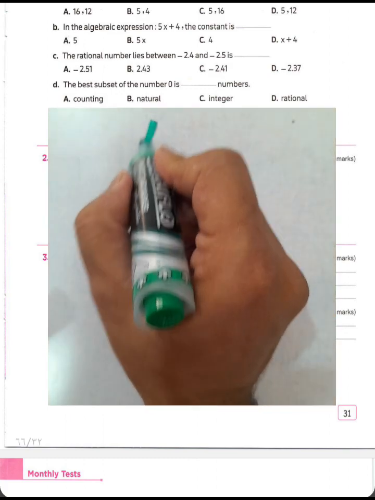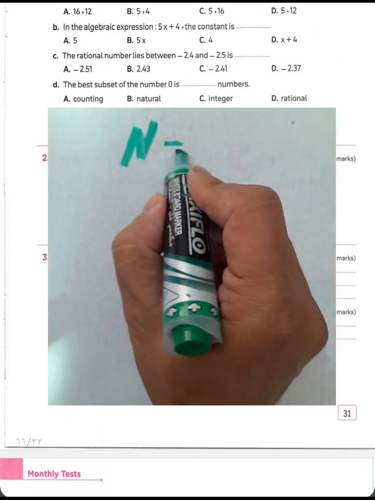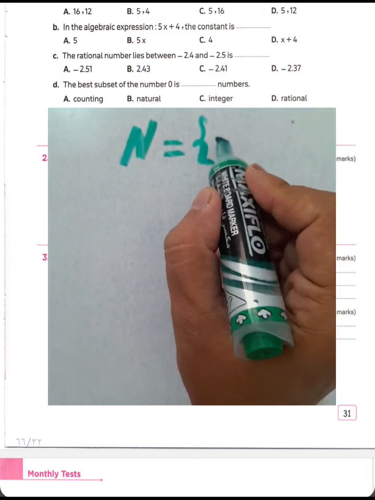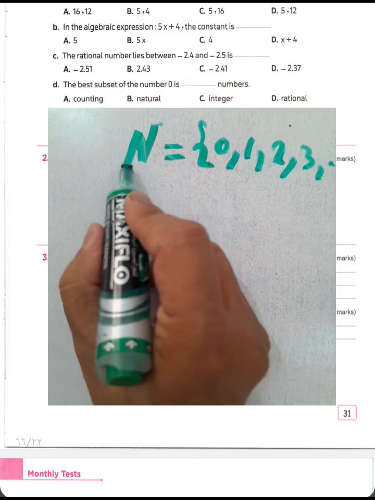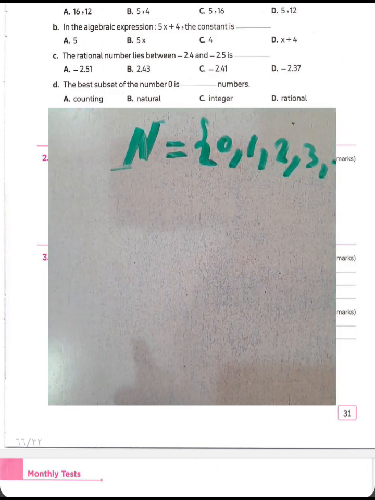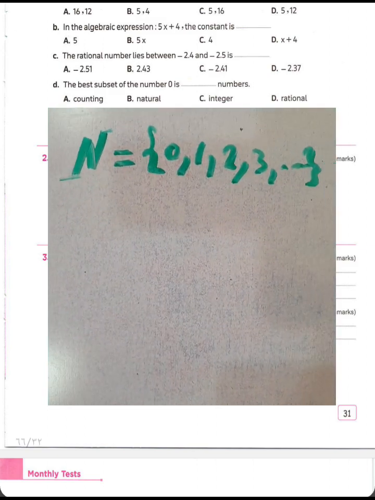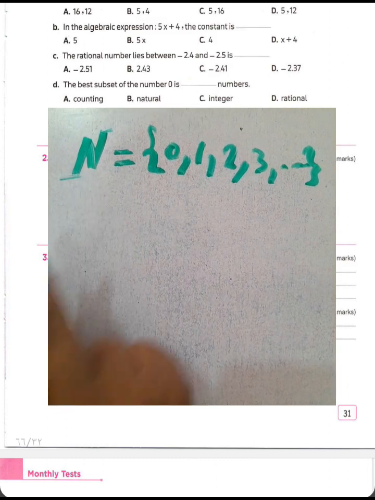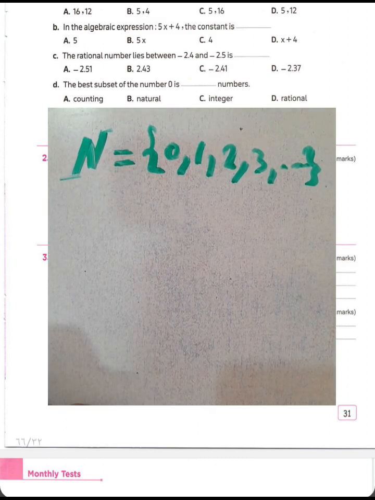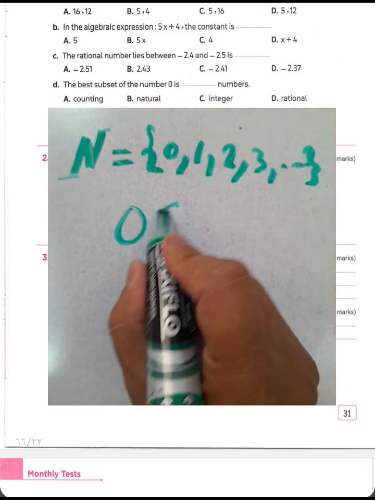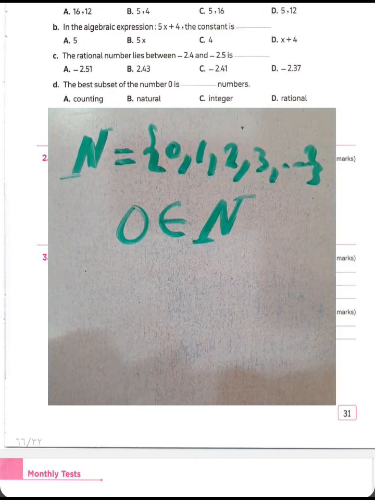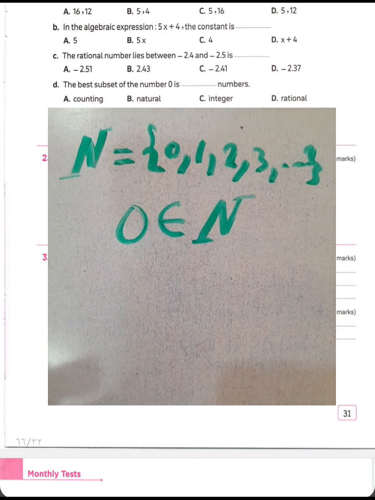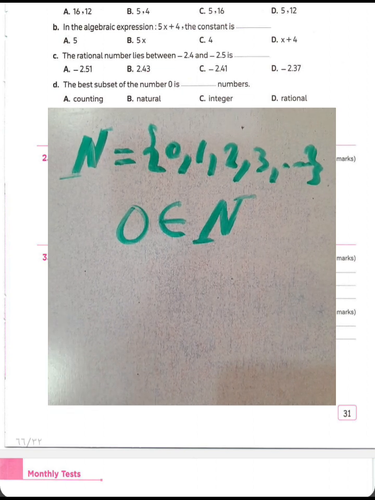So we call the set of 0, 1, 2, 3 and so on natural numbers, and represent it by the letter N. Then 0 belongs to the set of natural numbers. Choose letter B. Question D, choose letter B.